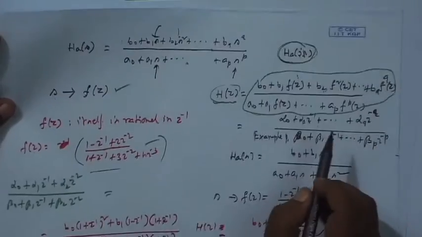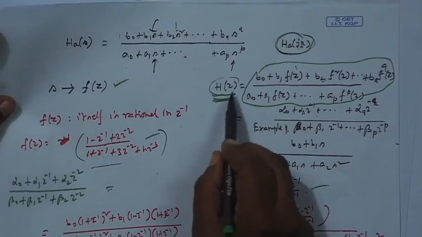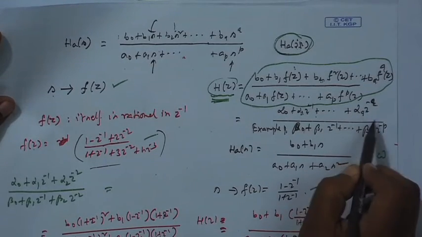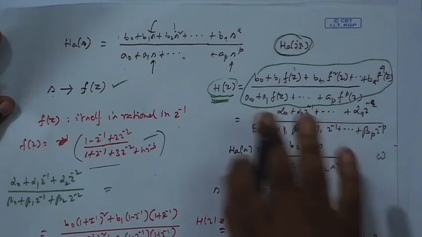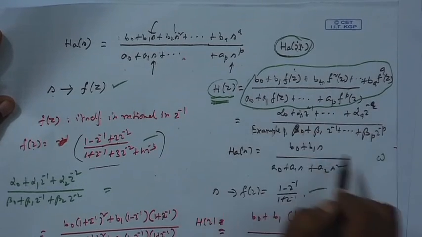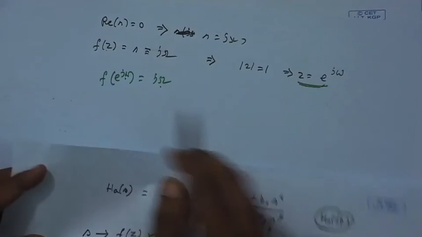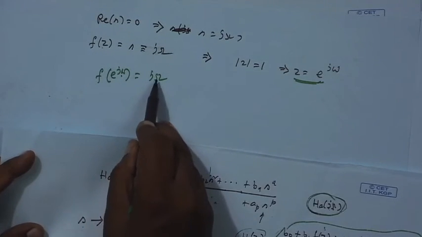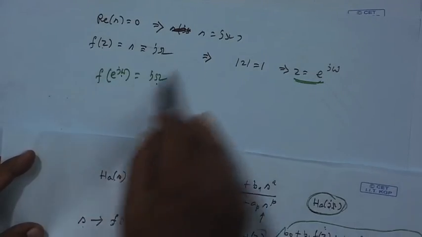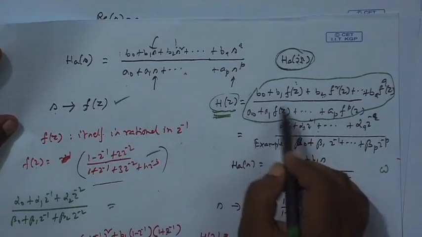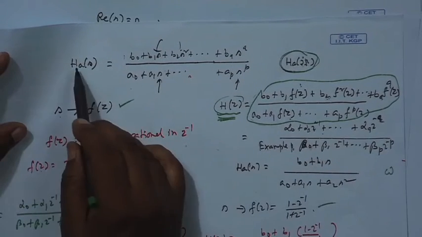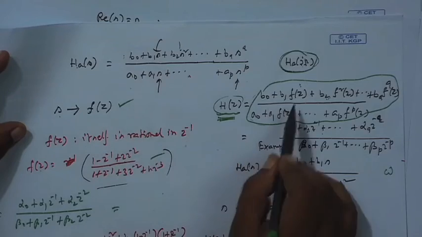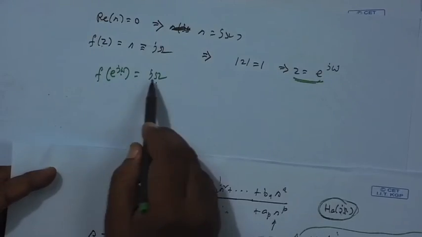Okay. That means if you want to find out the transfer function, the frequency response at digital frequency omega, that is you replace z by e to the power j omega. What will be the value of this? You can easily find out by solving for this e to the power j omega, f of e to the power j omega, find out it will be j capital omega only because of this assumption, and so this transfer function then turns out to be nothing but H a(s), where s is replaced by j capital omega, because f of e to the power j omega is j capital omega.